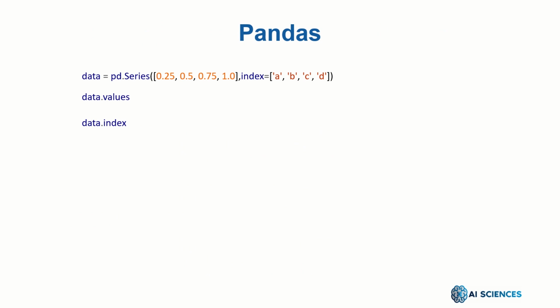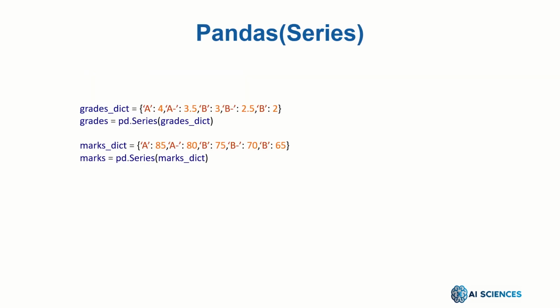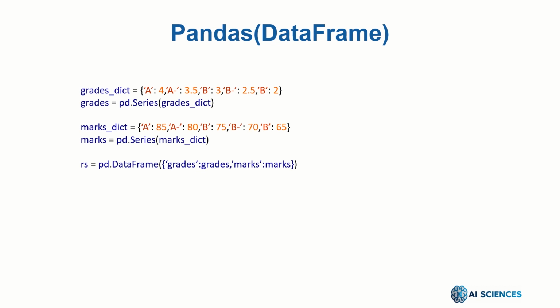We started by introducing the series object and some of its properties, including values and index. And then we switched to a two-dimensional, spreadsheet-like object in pandas, which is called the data frame.